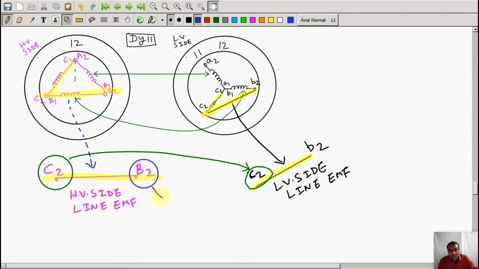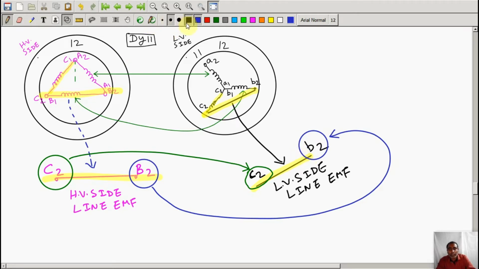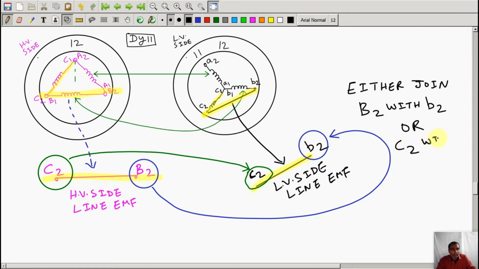You can join capital B2 with small b2. So you can choose either to join capital B2 with small b2, or to join capital C2 with small c2. So let me join C2 with c2. So I am joining that way.